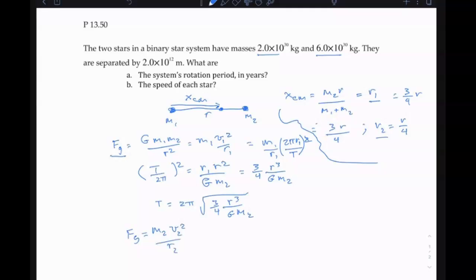And if we repeated the procedure that we did above for mass 1, we'll get an expression for the period that, when you evaluate it, will be the same period as the one we just found for mass 2.